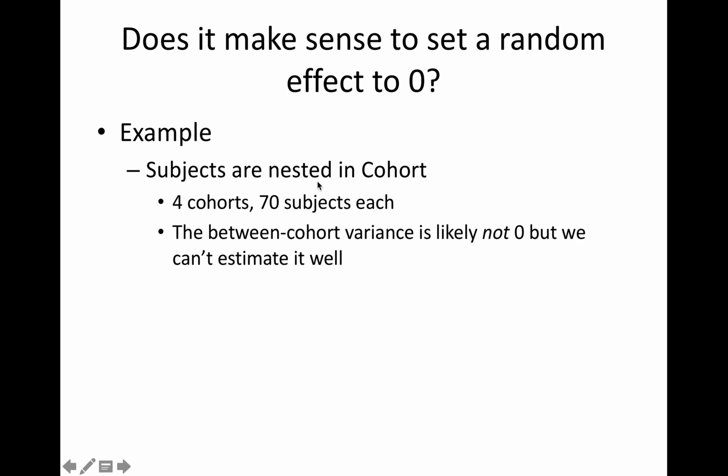The other example, the data I was working with, there were four cohorts with 70 subjects each. These cohorts are over time, so you would imagine the between-cohort variability would be important to incorporate into the model. The problem is I only had 4 cohorts, so estimating any type of variance with just 4 things is difficult. So it's not likely the variance is 0, but for the model I'm using, I can't estimate it well.